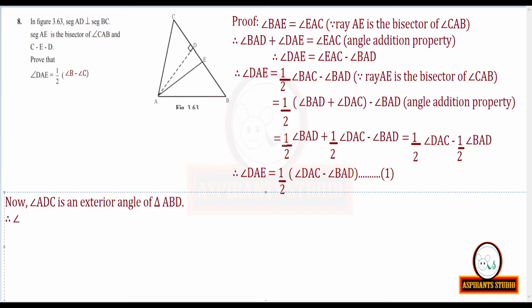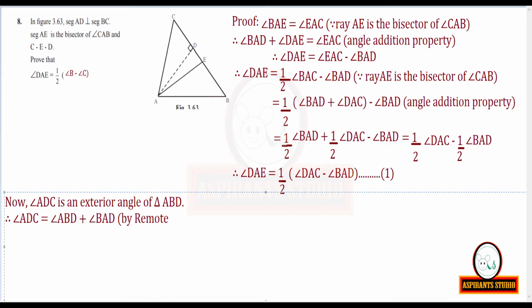You know, by the remote interior angles theorem, the measure of an exterior angle of a triangle is equal to the sum of its remote interior angles. Listen carefully. So here the exterior angle is angle ADC.